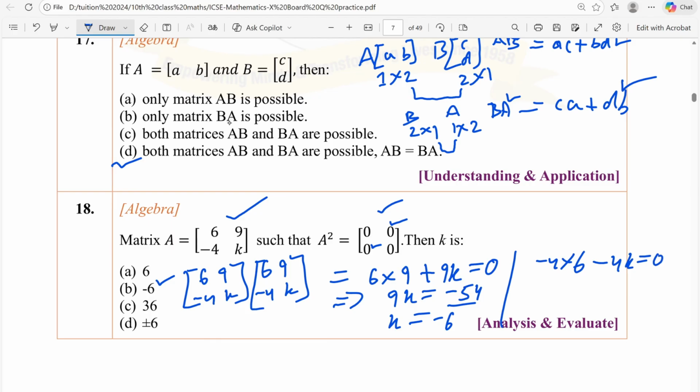This is also minus 24 minus 4k equals 0, minus 4k equals 24, so k equals minus 6.